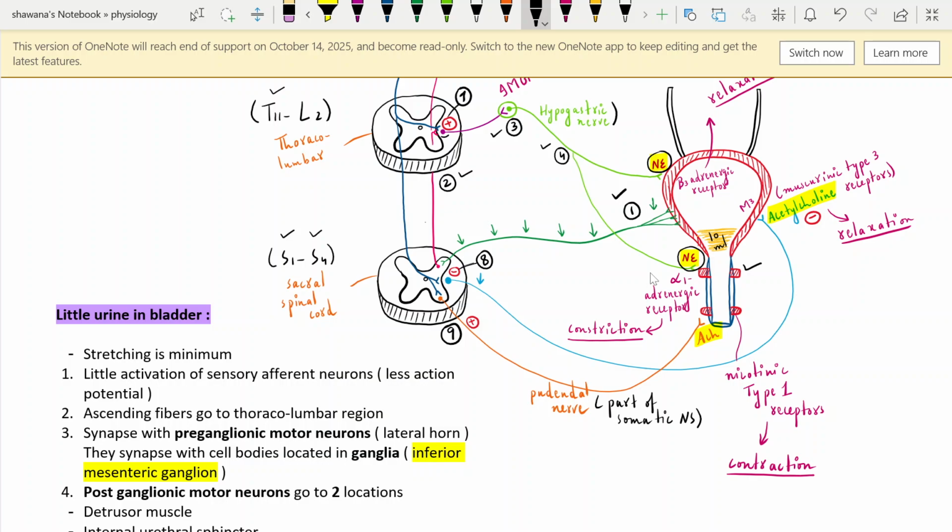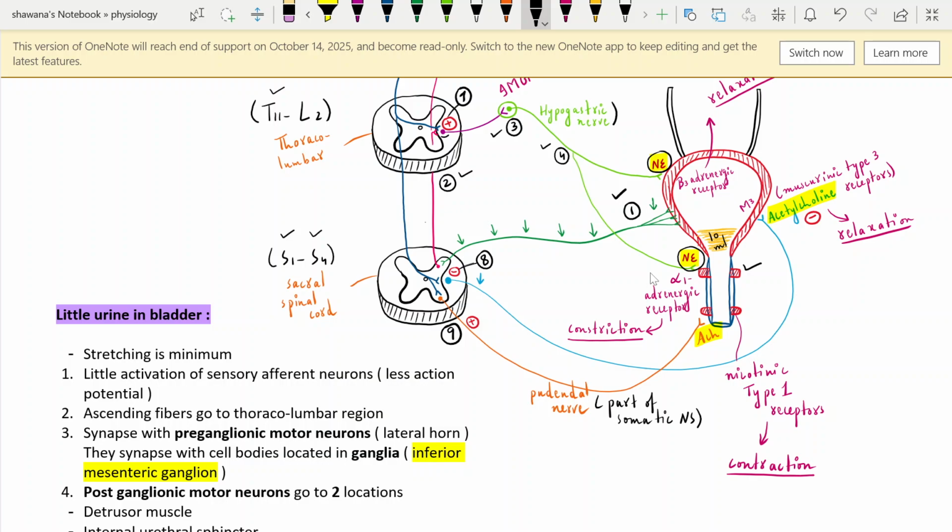Talking about the detrusor muscle, in the detrusor muscle there are special kinds of receptors known as beta 3 adrenergic receptors. When norepinephrine stimulates the beta 3 adrenergic receptors, it will cause the relaxation of the bladder.